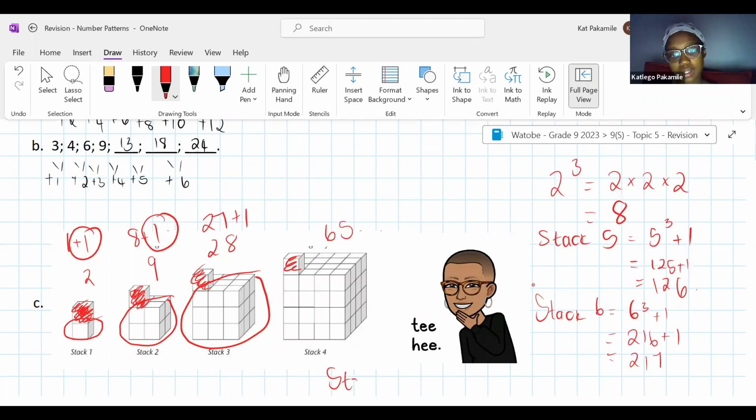Stack 7 is 7 cubed plus 1, which is 343 plus 1, which is 344. Whew. Now we know why I'm laughing on the side. Now we know why I am there by the side there.